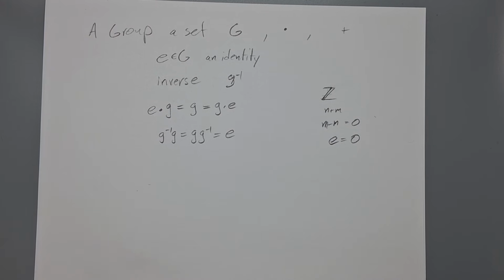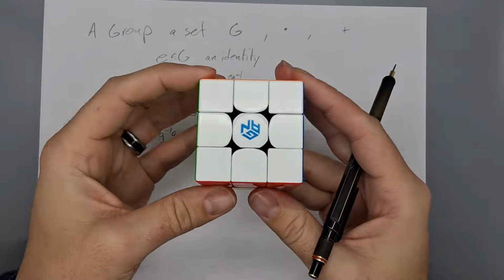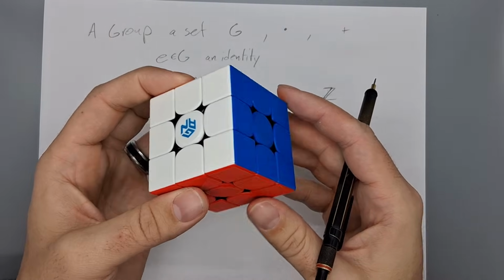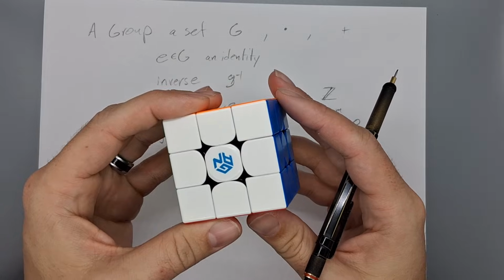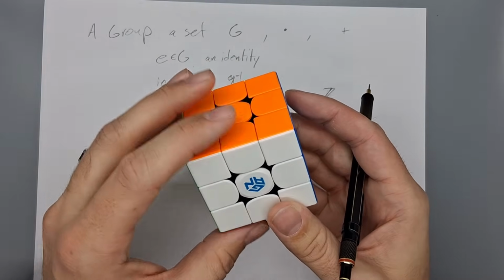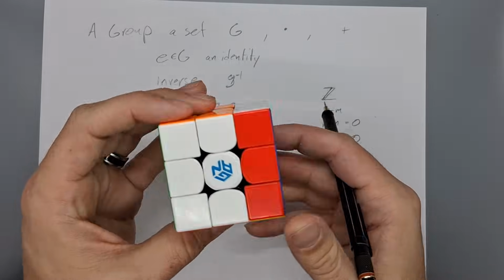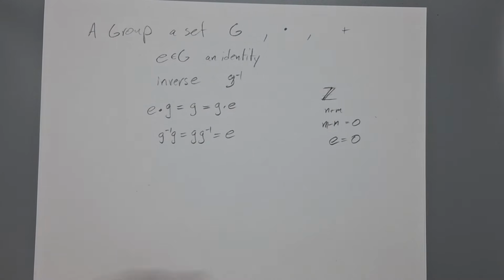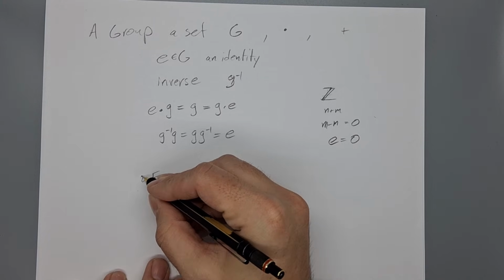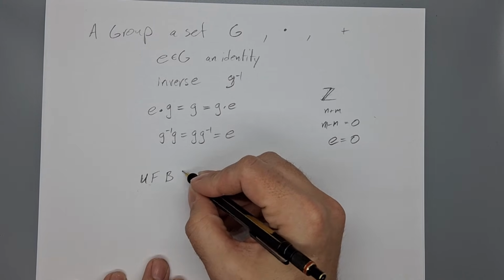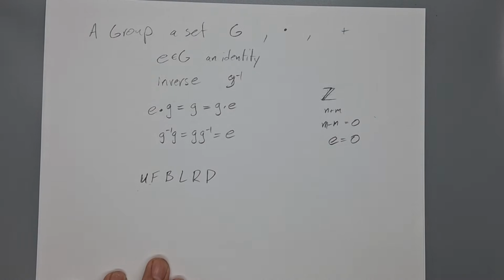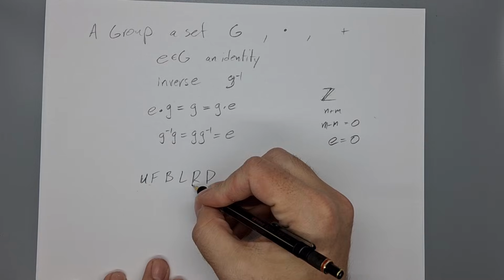The great thing about Rubik's Cubes is these sorts of puzzles naturally give you a group. If there's jumbling, it's more complicated, but you can talk about groupoids for a puzzle instead. But the moves of a Rubik's Cube, the standard moves, say up, front, back, left, right, down, I think that captures it all.